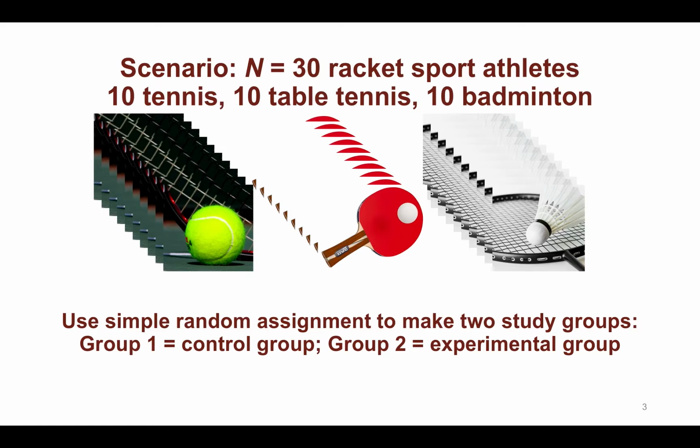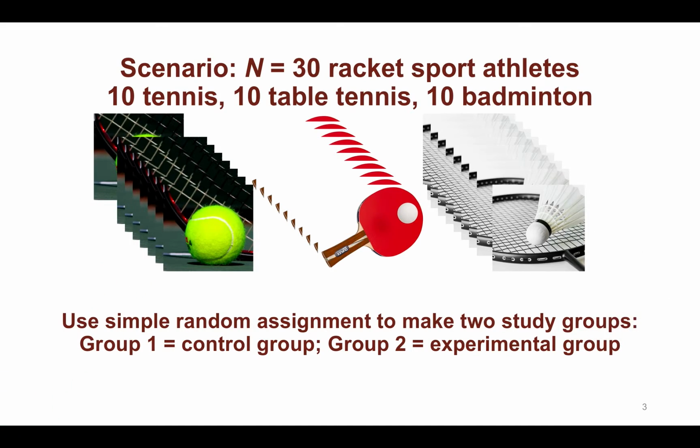So we'll call the control group Group 1, we'll call the experimental group Group 2, and in class we'll go over some different ways to use random number generators to randomly split them into groups. Obviously I use this process using a computer app to group you all into different groups in class randomly, so it's pretty much the same idea.